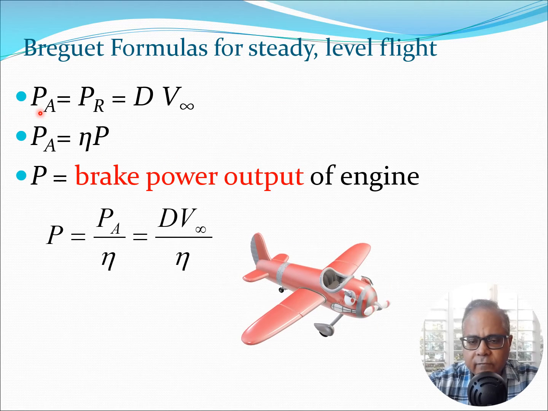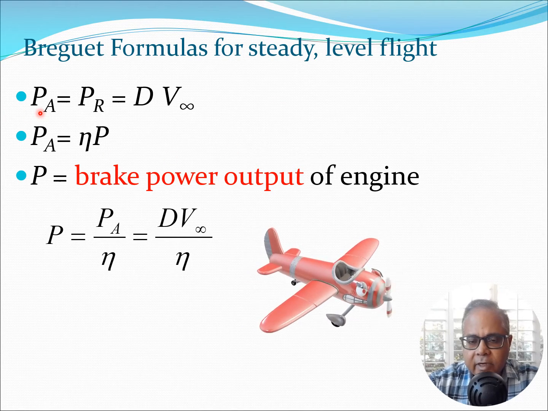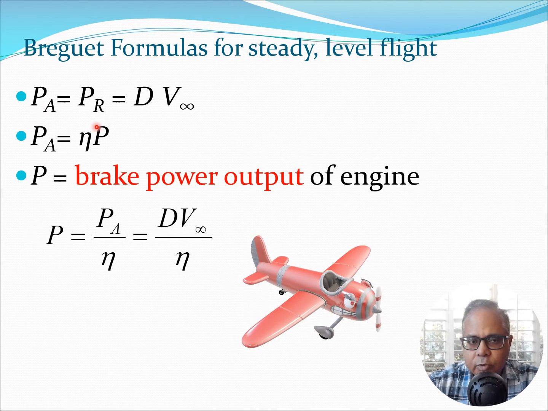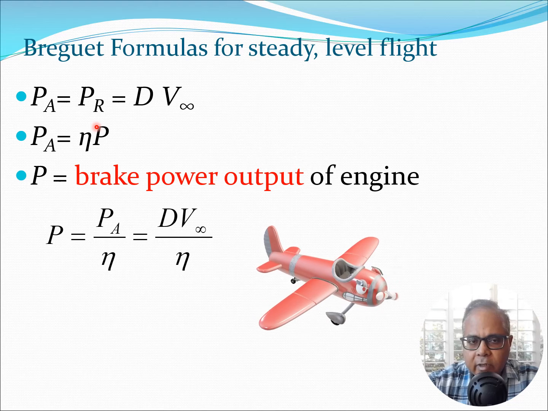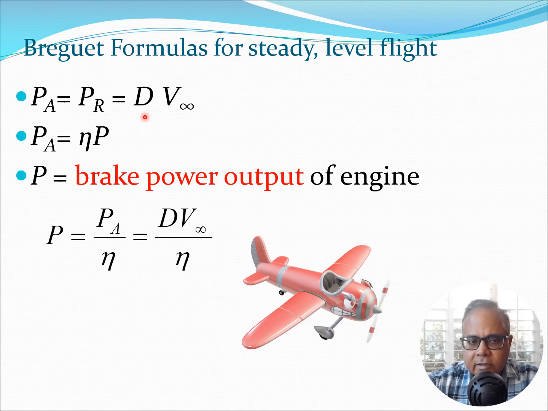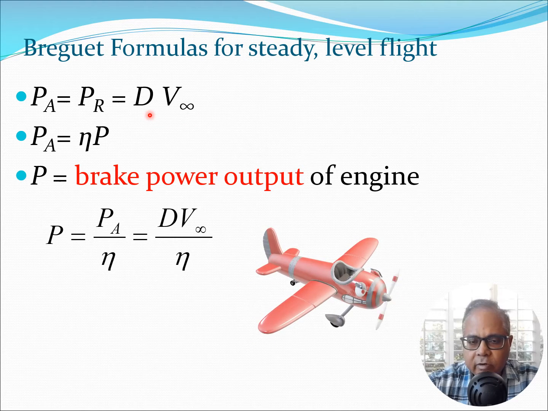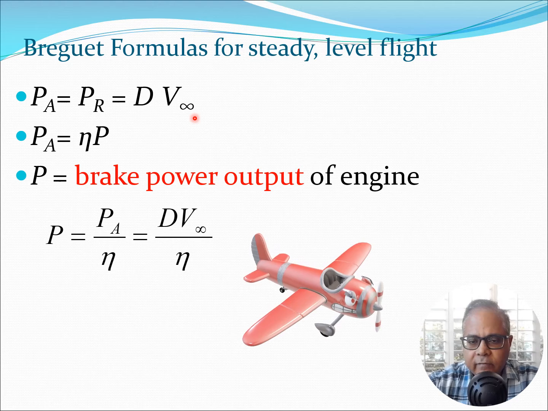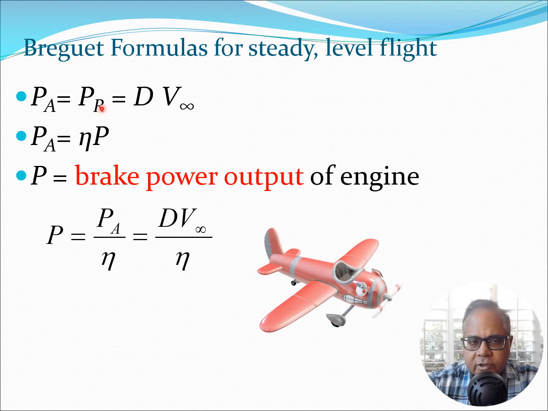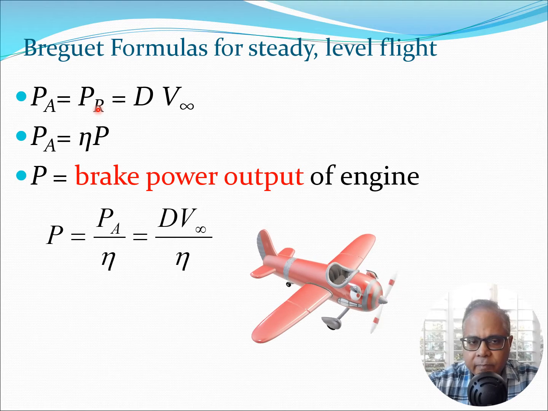So in this situation, the pilot would create a state such that the available power is equal to the required power, and in this case both PA and PR are equal to D times V infinity. So that's the total drag times the velocity. This is the force times velocity concept which essentially leads to power here.